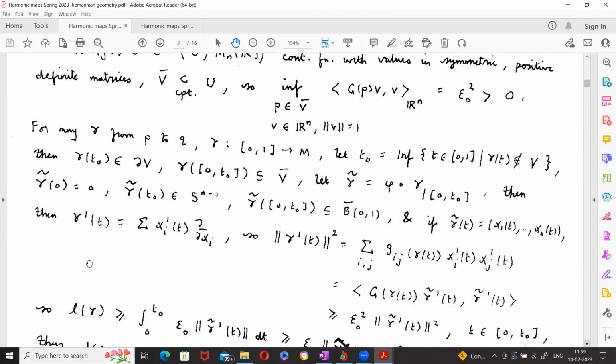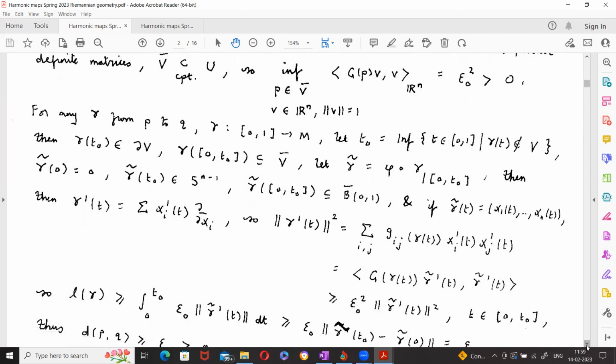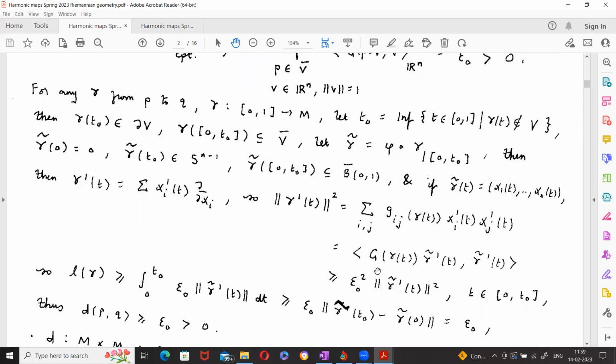So if gamma tilde(t) has coordinates x_1(t) to x_n(t), then gamma prime(t) is what? Summation x_i prime(t) del/del x_i. So what will norm gamma prime(t) squared be? This is the inner product of gamma prime with gamma prime. So it's going to be the sum over i, j of g_ij(gamma(t)) x_i prime(t) x_j prime(t), right? And this is nothing but the Euclidean inner product between G(gamma(t)) gamma tilde prime(t) and gamma tilde prime(t).